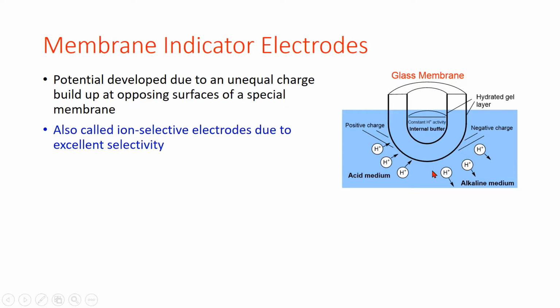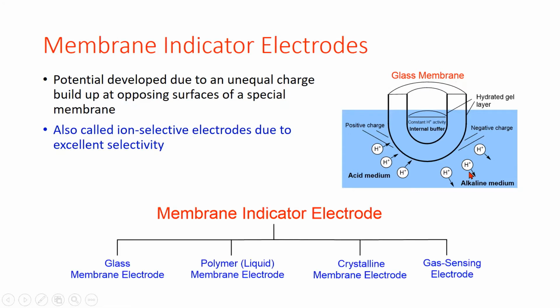The membrane indicator electrode is also called an ion selective electrode due to its excellent selectivity. Membrane indicator electrodes can be glass membrane electrode, polymer membrane electrode, crystalline membrane electrode, or gas sensing electrode. In this session, we will discuss the glass membrane electrode.